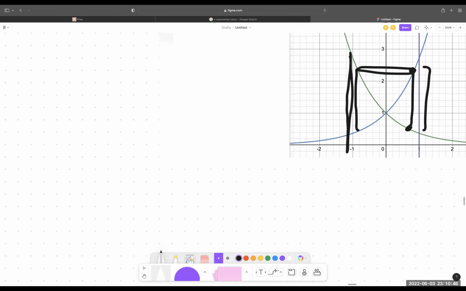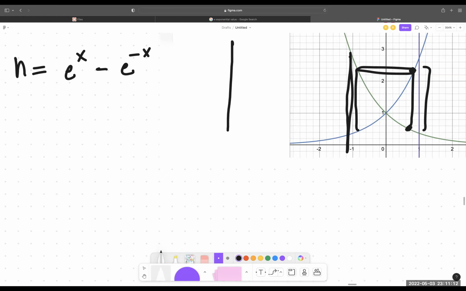This blue curve here is e to the x, and that bottom curve is e to the negative x. So it's going to be the top minus the bottom. So that's the height of the cylindrical shell.